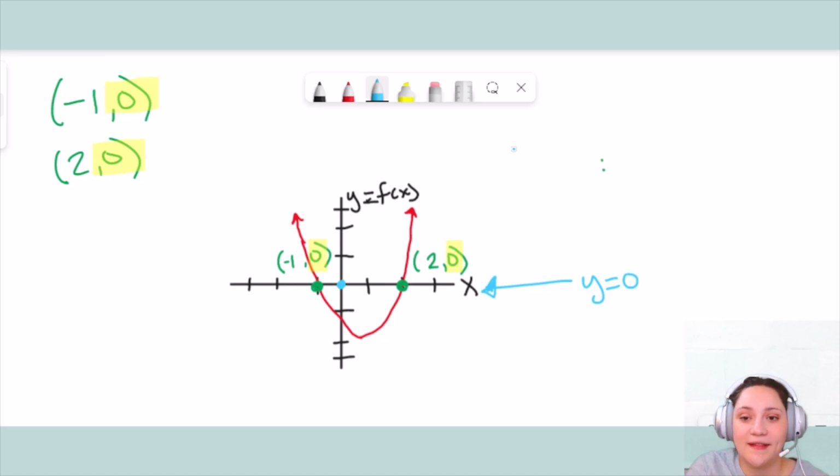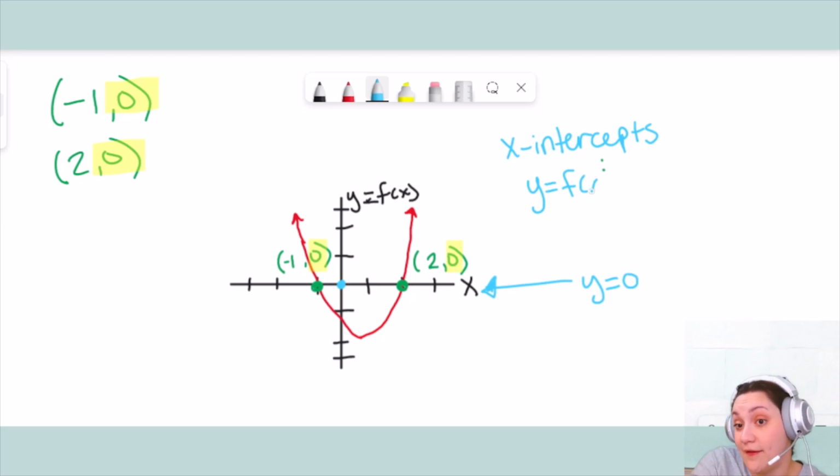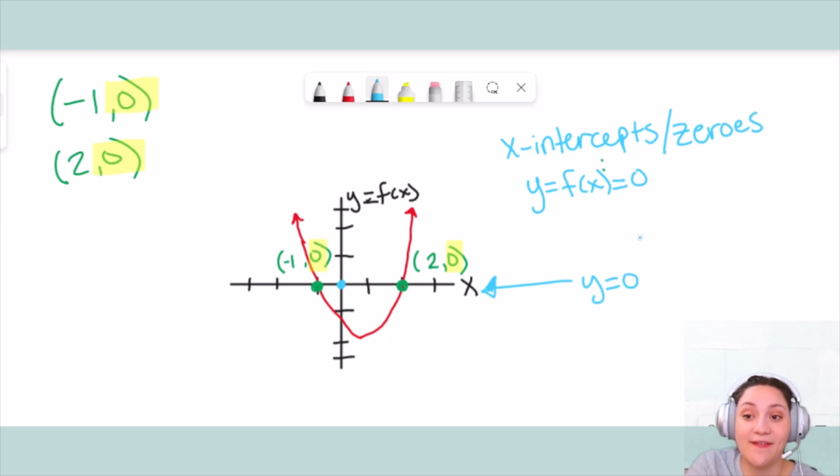So when we talk about the x-intercepts of a quadratic function, we are talking about where y, which is also f of x, remember, equals 0. And in fact, we can sometimes call the x-intercepts zeros because it's the zeros of the function.